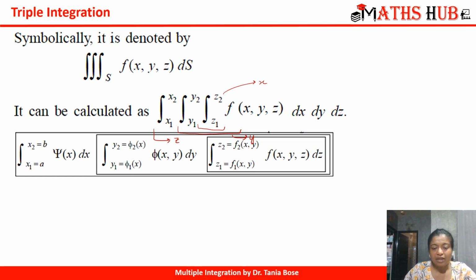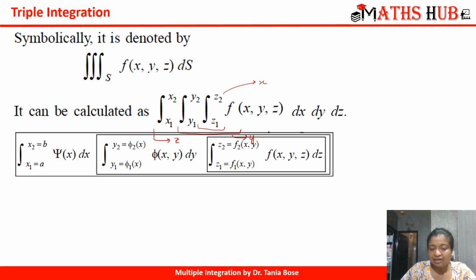So usually, if the innermost integral depends on z, then the limits of z are set as a function of x and y, right? Once the innermost integral is completed, the variable z is gone from the function and we are left with an integral in x and y, right?